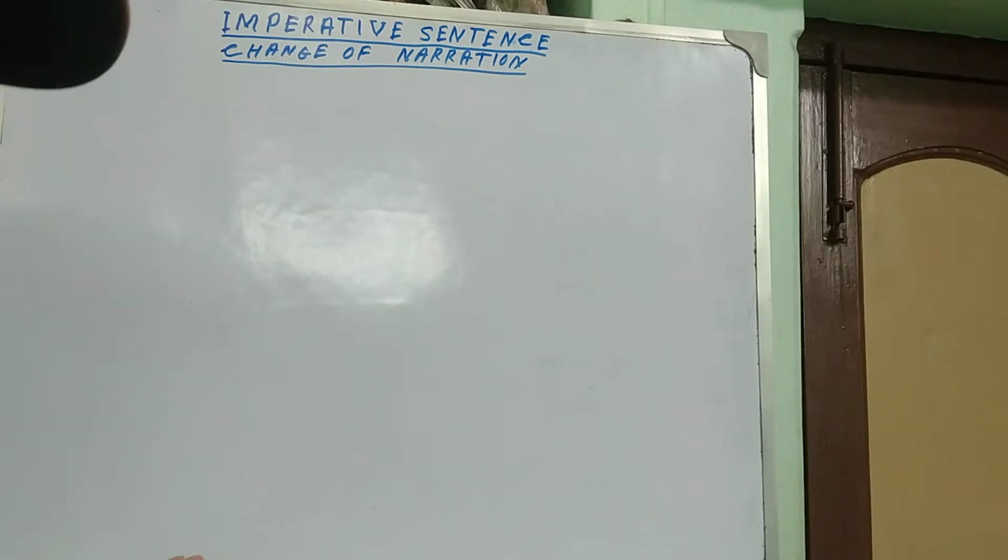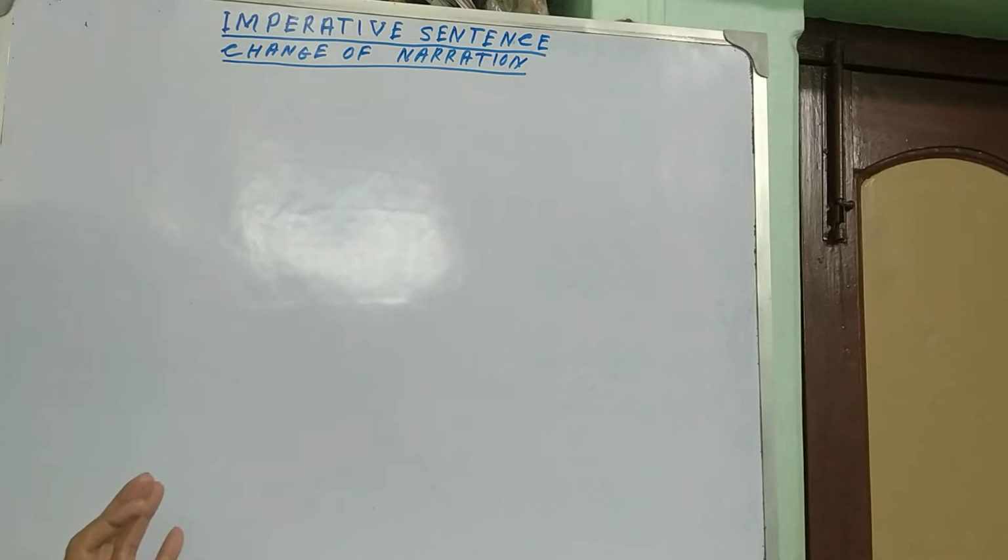There is no problem. So let us come to the conclusion: an imperative sentence is a sentence which indicates or suggests either an order or an advice or an entreaty or a suggestion, whatever it may be.